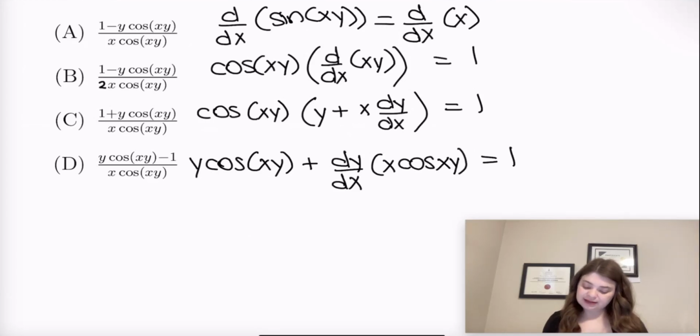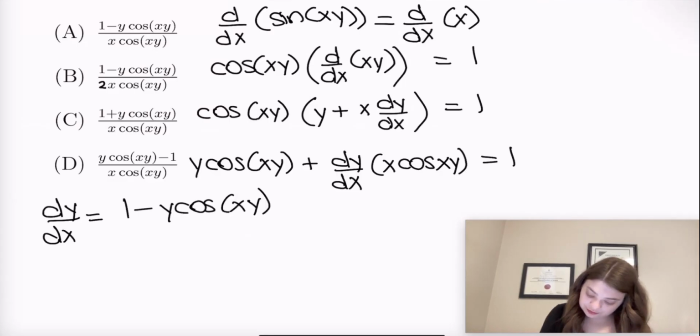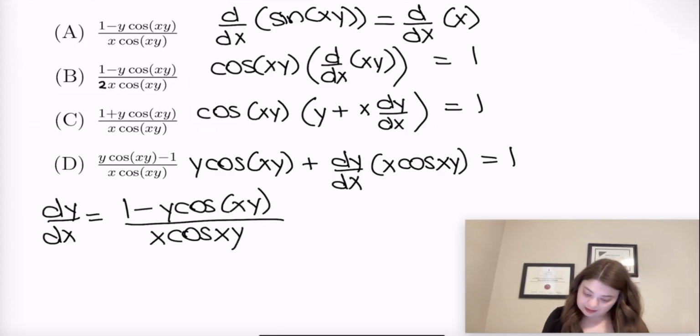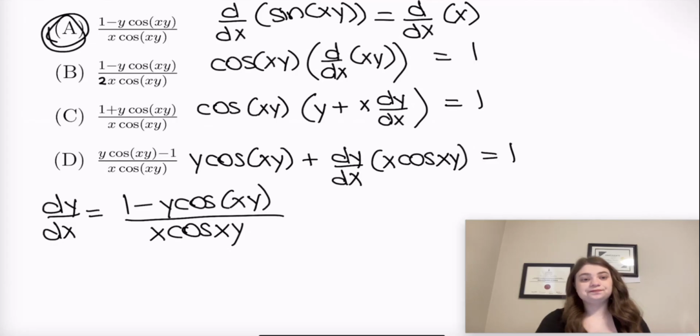Okay, so next I'm going to subtract y cos xy from both sides to get that dy over dx is equal to 1 minus y cos xy, and then we'll divide by x cos xy, and then that is going to be exactly like answer A, and so answer A is going to be my final result there.